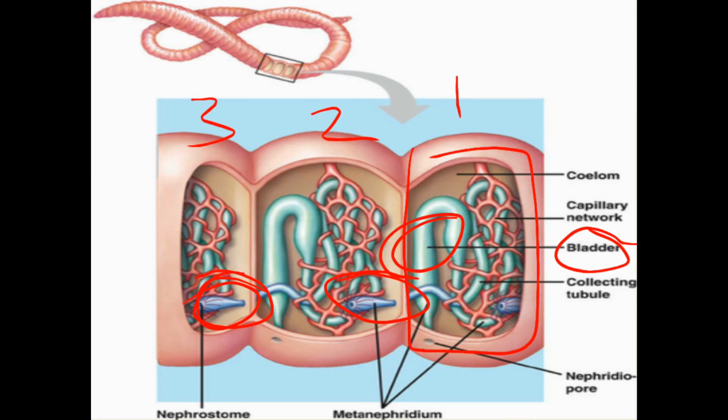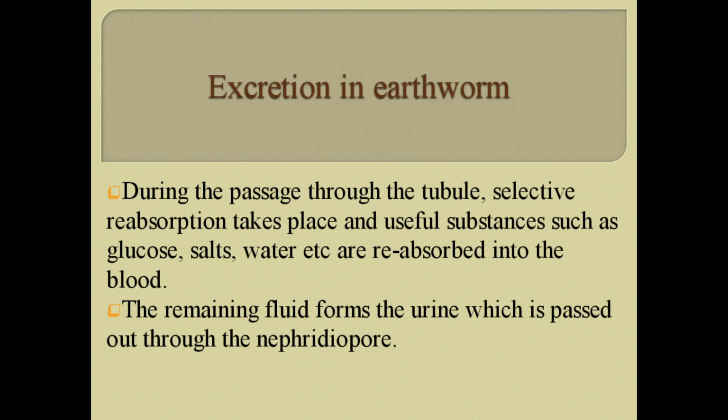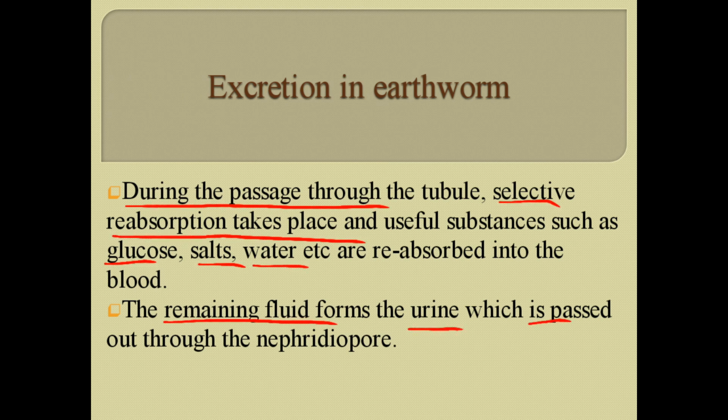This is the nephrostome, and the cilia present on the nephrostome propel the coelomic fluid to go inside into the collecting tubules. So during the passage through the tubule, selective reabsorption of substances like glucose, salts, and water takes place, and the remaining fluid forms the urine, which is passed out through the nephridiopore out of the body.